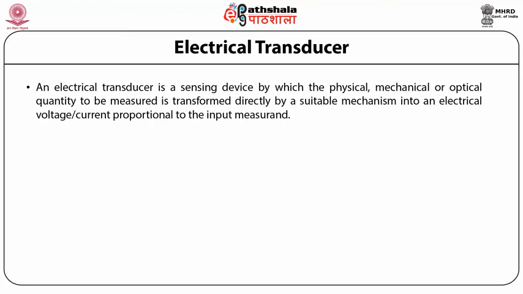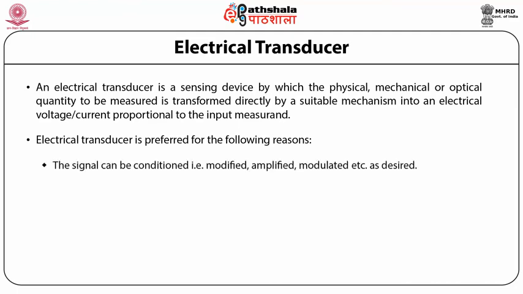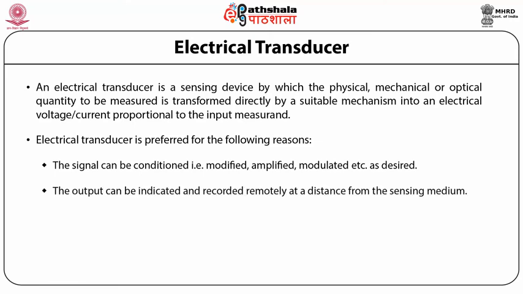So students, an electrical transducer is always preferred because of the following reasons. First, the signal can be conditioned, that is modified, amplified, modulated, etc., as desired. Second, the output can be indicated and recorded remotely at a distance from the sensing medium.